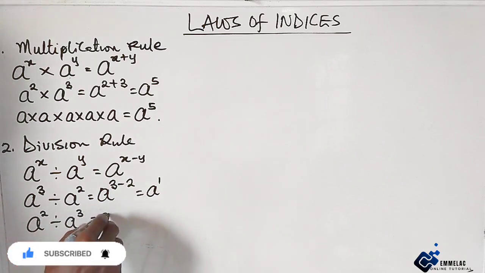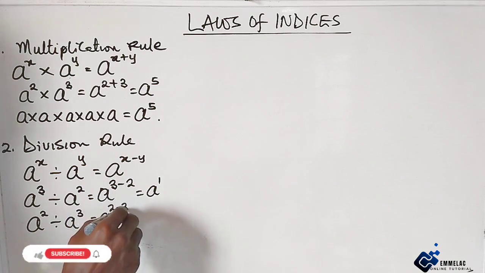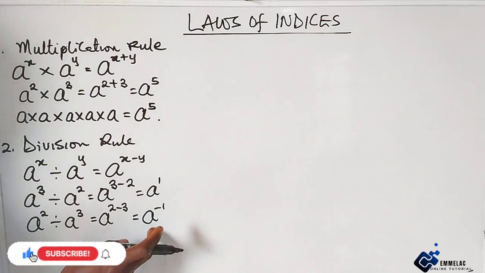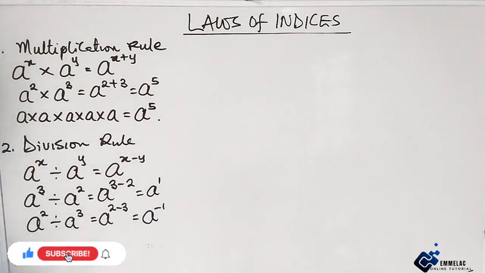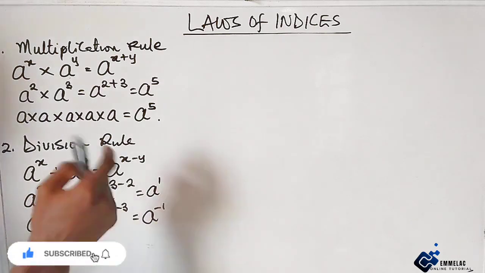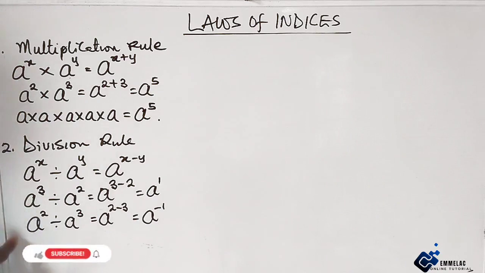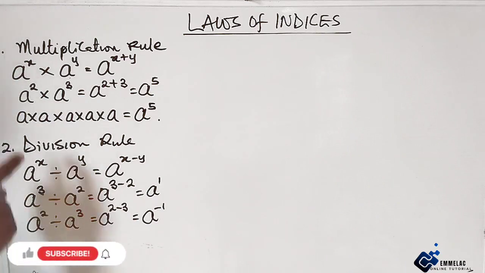This gives us a raised to the power of 2 minus 3, which is a raised to the power of minus 1. This is actually another law in indices, but let me pause here until we get to that. So this is the application of the division rule, or division law, in indices.